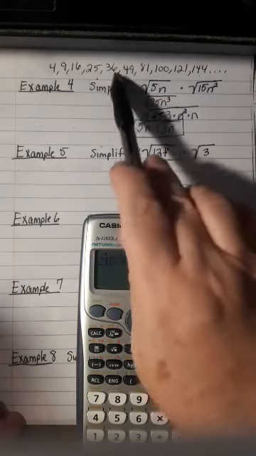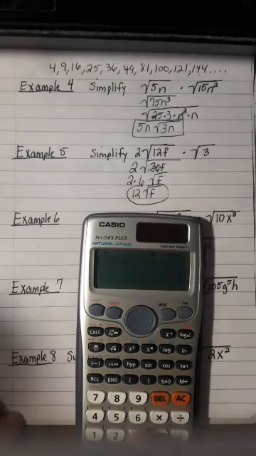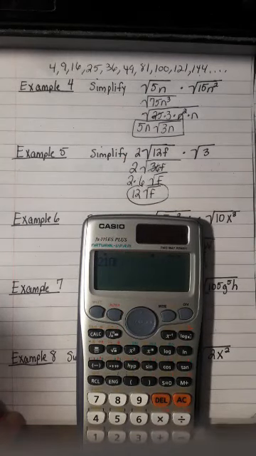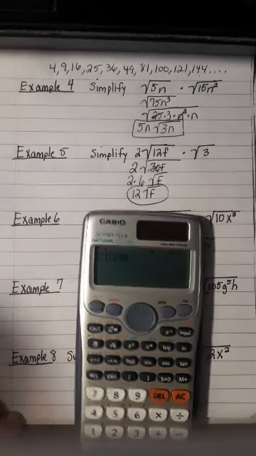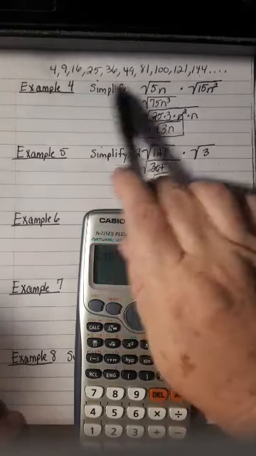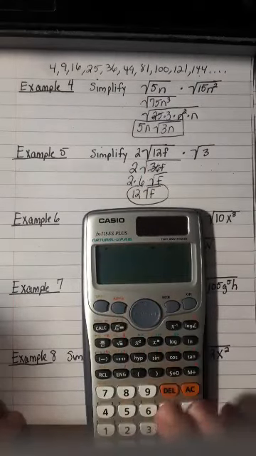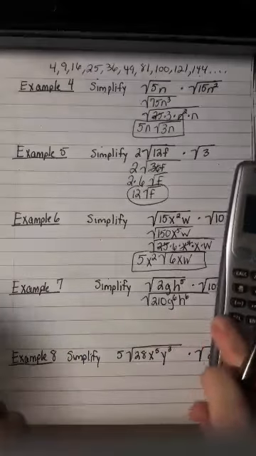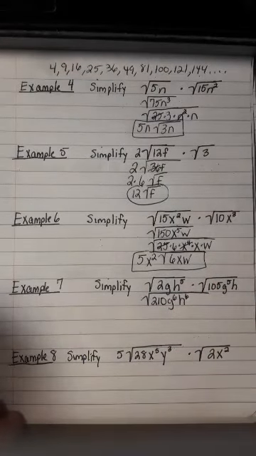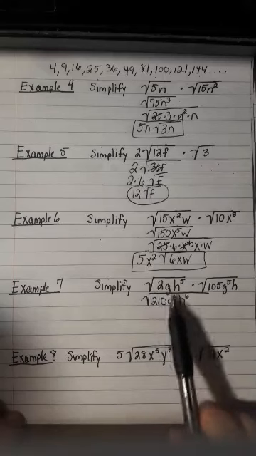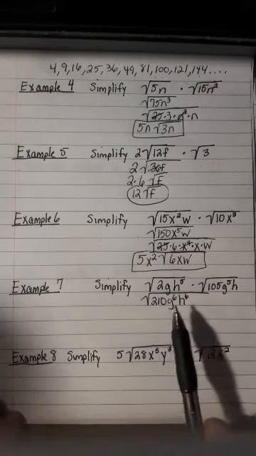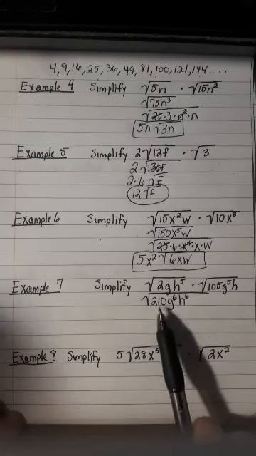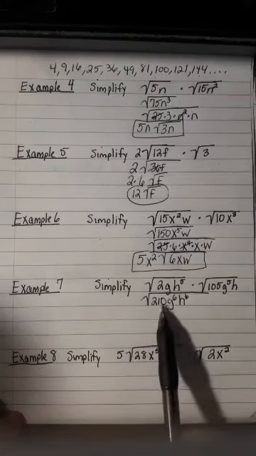But let me show you with 25, because a lot of people think 25 goes into it. 210 divided by 25 is a fraction. 210 divided by 4, that's a fraction. All of these perfect squares, if you try those, none of them are going to divide into 210. That means the square root of 210 is simplified. There are factors of 210, but there's no perfect square factors of 210, so you can't do anything to that.